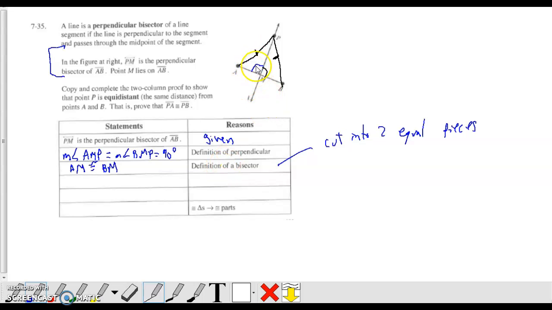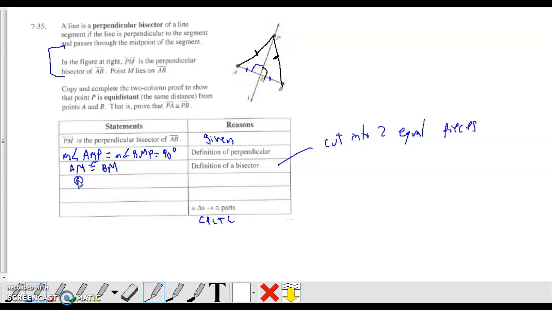So now what I'm trying to figure out is I need to get this to be the same. So I'm going to say, since I have this side and this side to be the same, and I have an angle, I'm going to use PM, right? Because again, I see at the bottom, this is like CPCTC, congruent parts of congruent triangles are congruent. So I'm going to use PM.